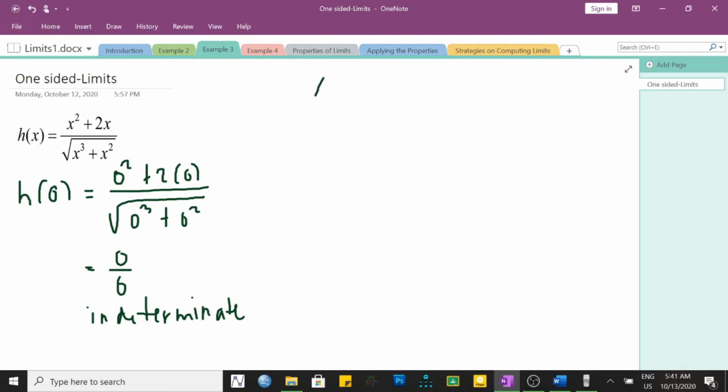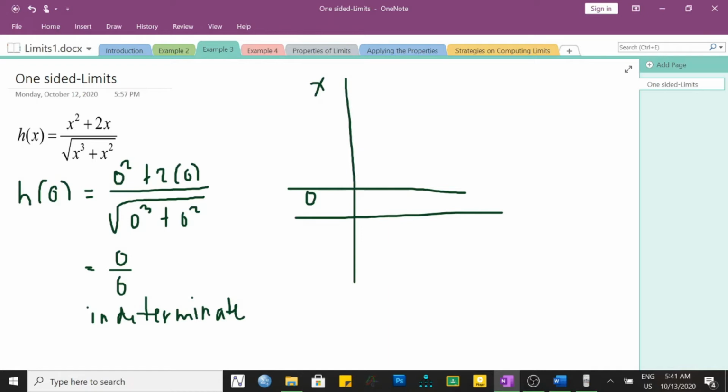So this is our x values. This is 0. We know that the function is already indeterminate at this particular point. So this is h of x. What is a number that is close to 0 from its left side? So the left side of 0 is already the negative numbers, so we expect that they are negative.